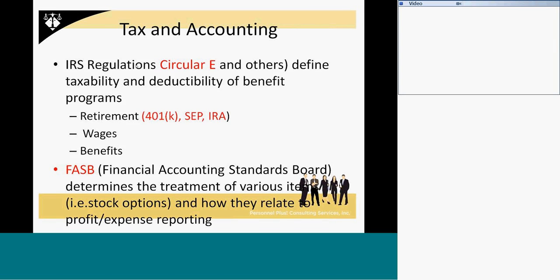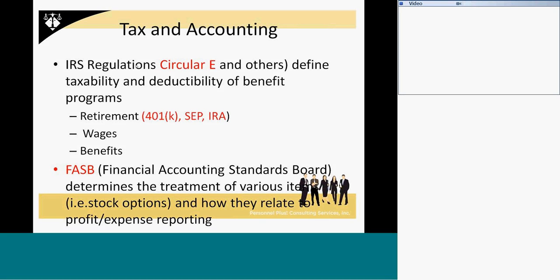So as an example, a question not long ago where somebody said, my business is located way out of town. We're at least a half an hour drive from town. We offer our employees lunch and we don't charge them for lunch. Is that a taxable benefit?